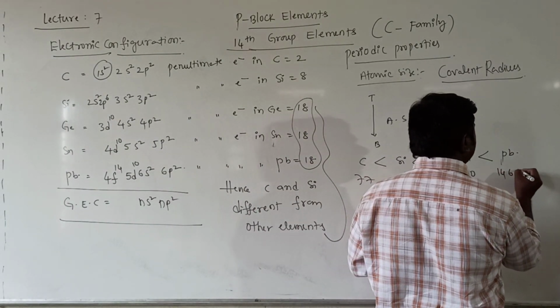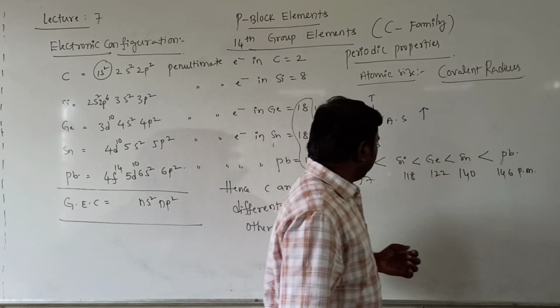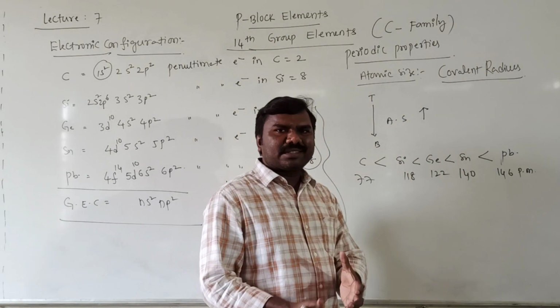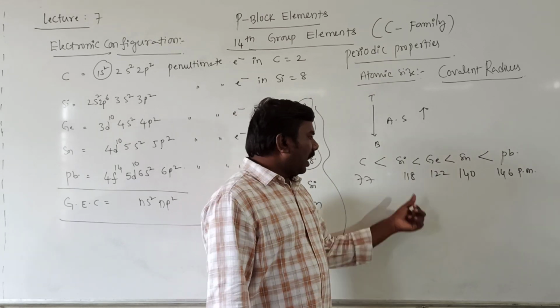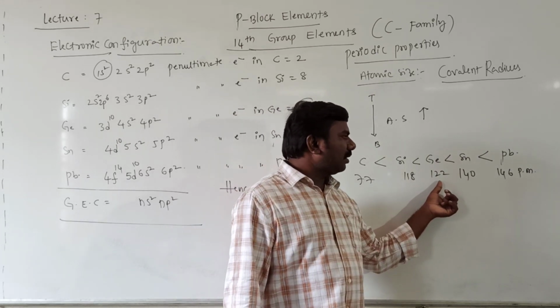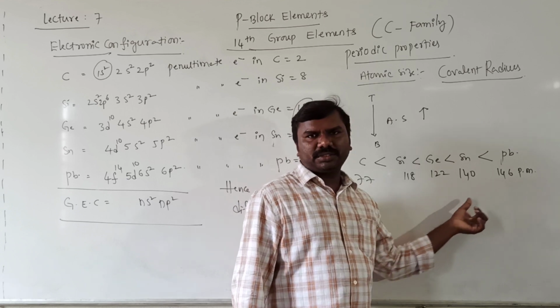You just observe from carbon to silicon a sudden change in the atomic radius, 77 to 118, and from silicon onwards only a slight change. Clear?